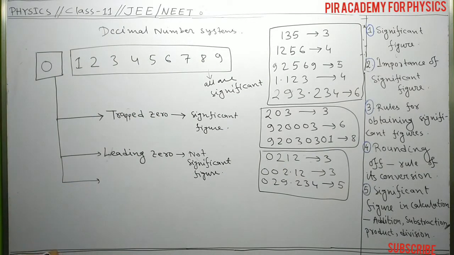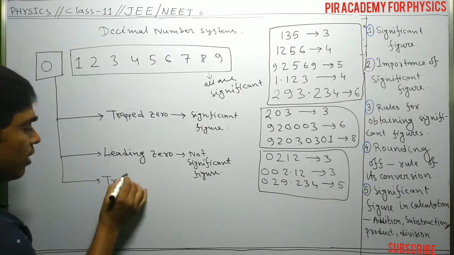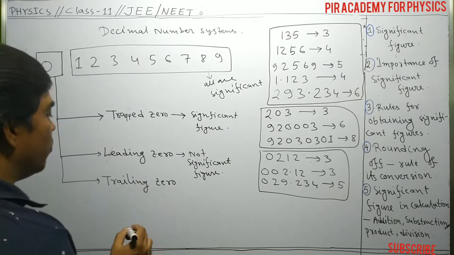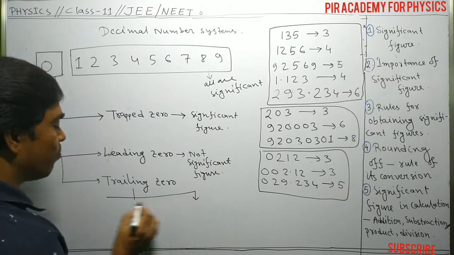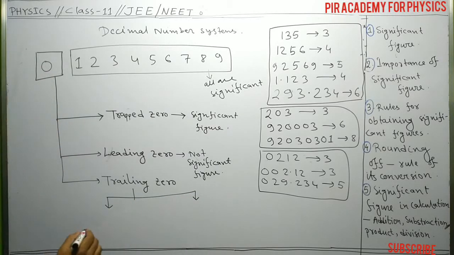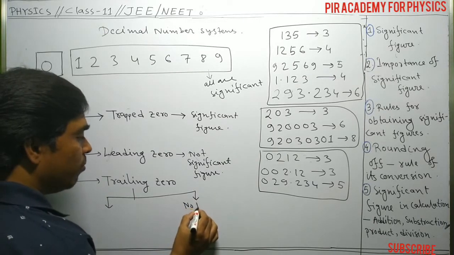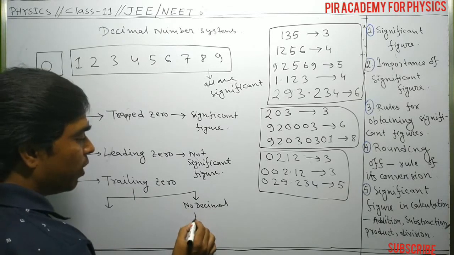Then the trailing 0. What is the trailing 0? For a trailing 0, there are 2 cases.